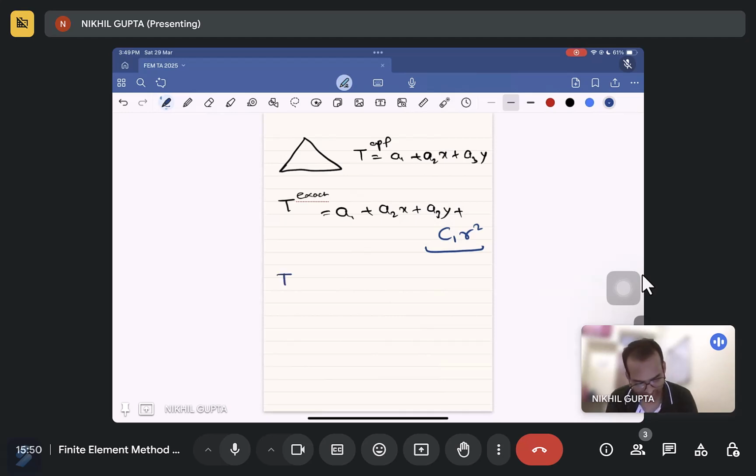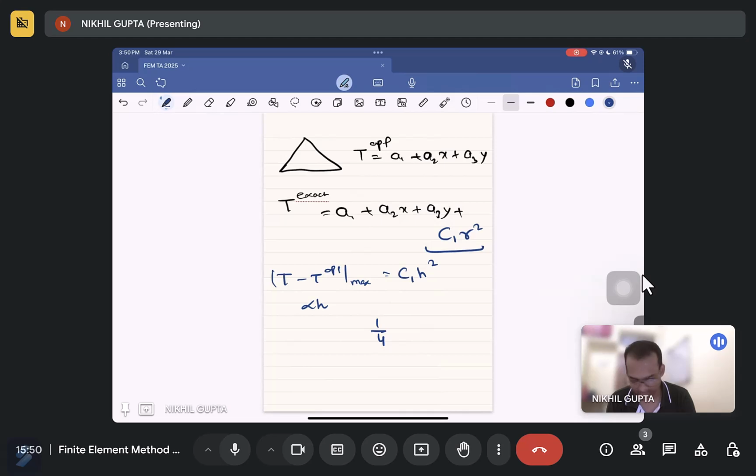So when you find the error from this, it will be c1 h square. So when you reduce the element to alpha h, this will give you 1 by 4.